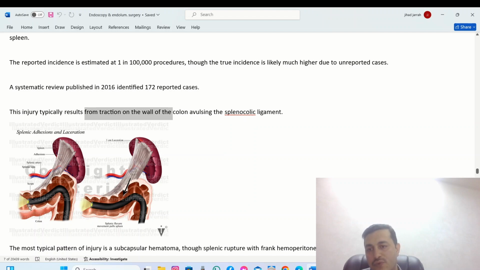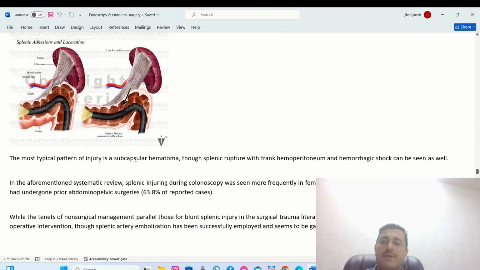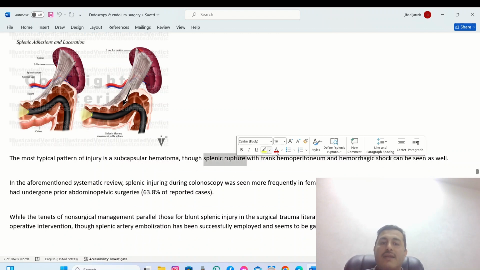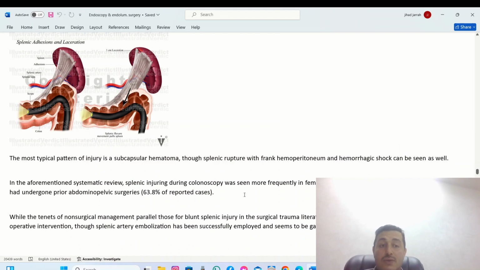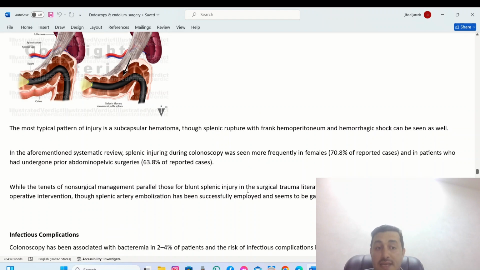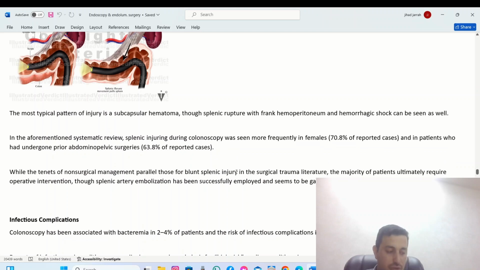When you move the colonoscope, traction at the splenic flexure can cause avulsion of the splenocolic ligament, and you see here we have a laceration. The most common pattern is subcapsular hematoma, but splenic rupture and hemoperitoneum are also seen. It's more common in females and in patients who have undergone surgery.